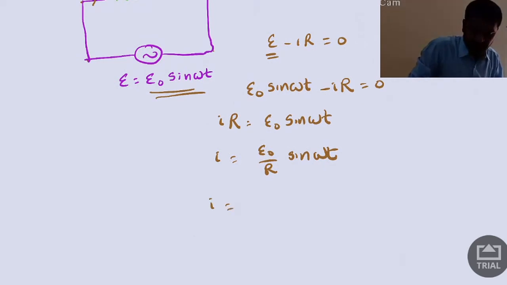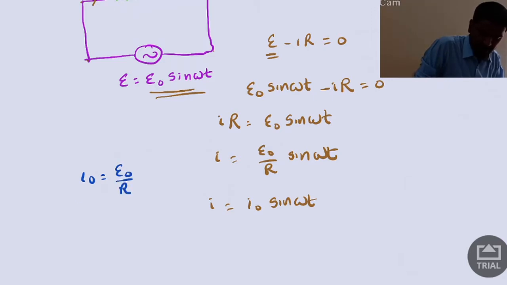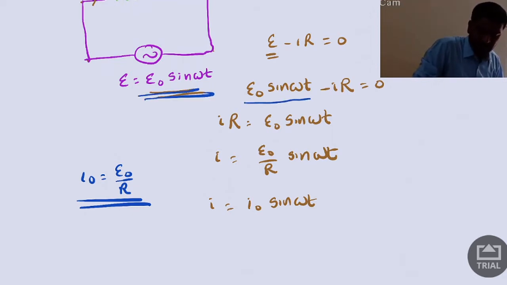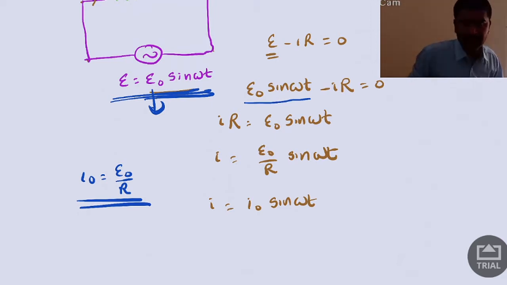Now you can also write this as I equals I0 sin omega t. Here I0 equals E0 by R. Because your EMF is alternating EMF, it has a maximum value of plus E0 and a minimum value of minus E0.